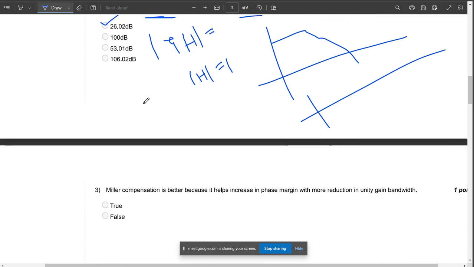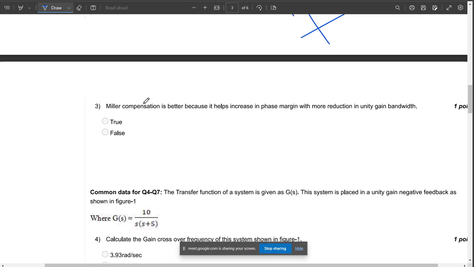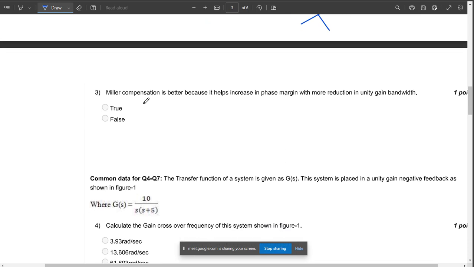So now let's try to solve the next question. Here it is written: Miller compensation is better compared to other compensations because it helps increase in phase margin with more reduction in unity gain bandwidth.